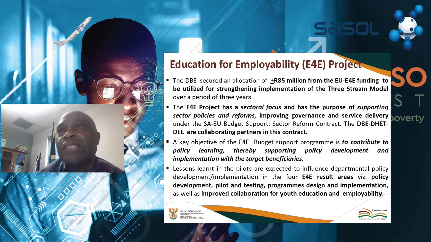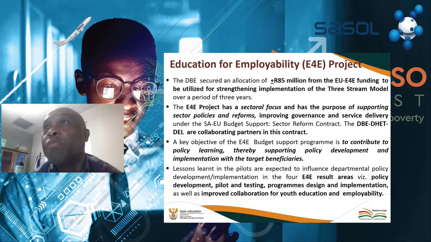From that, 3 government departments are receiving funding from the EU, from a total funding of about 30 million euros when the funding was provided for the Education for Employability. These 3 departments are DBE, Department of Higher Education and Training, as well as Department of Employment and Labor.